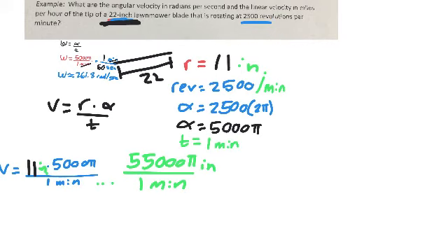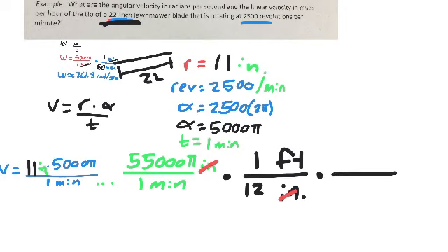So the first thing I would worry about is inches. Okay, so I know I want inches to cancel, so I put inches in the denominator. I know inches to feet. I know in 1 foot there are 12 inches, and that will cancel the inches. Now I've got it in feet per minute, and I want it in miles.